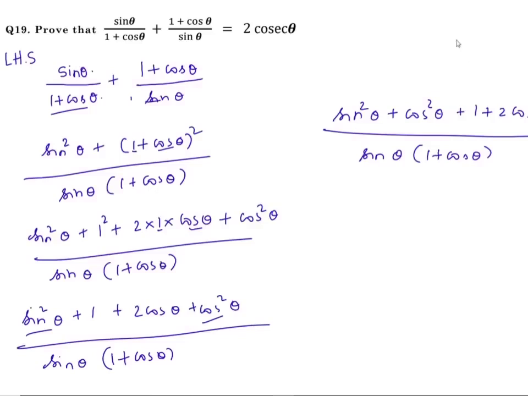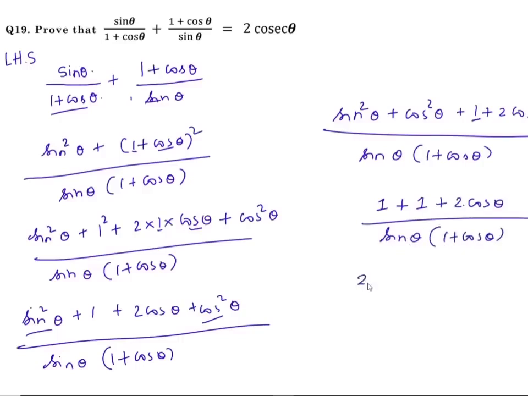Now what is sin square theta plus cos square theta? Using identity 1, sin square theta plus cos square theta is 1 because the theta is same, plus 1 plus 2 cos theta as it is, divided by sin theta into 1 plus cos theta.